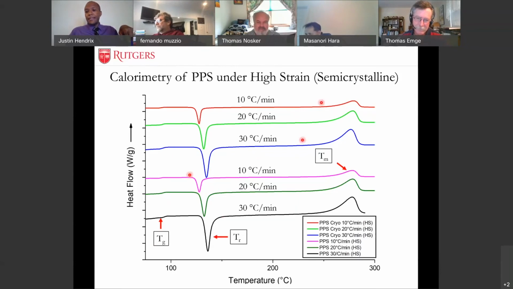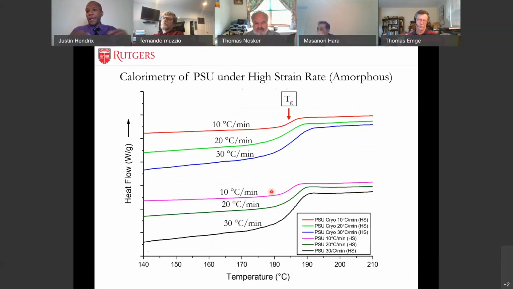And the last is beyond 250, which is our melting temperature for polyphenylene sulfide. So this is a semicrystalline polymer, so it has a melt state. The next is we're going to look at polysulfone. And polysulfone, being amorphous, just has a glass transition temperature, which we see here. And we're going to characterize that to look at some of the changes that we normally would get.